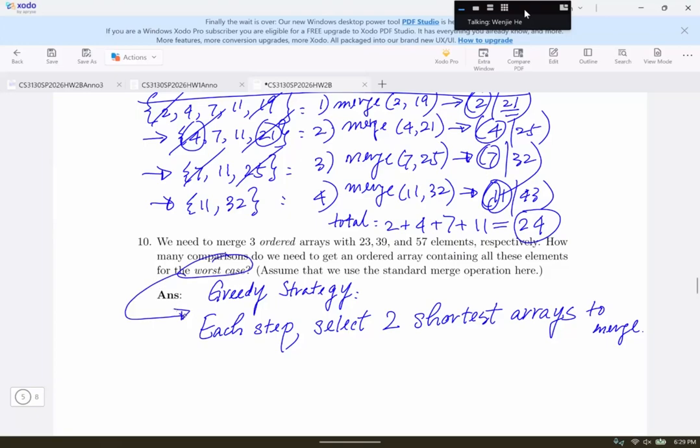The best case, 1 shortest, 1 longest. So different strategies. Why is that? Because the formula is different. When we want to get the minimum number of comparisons, we need to look at the formulas.